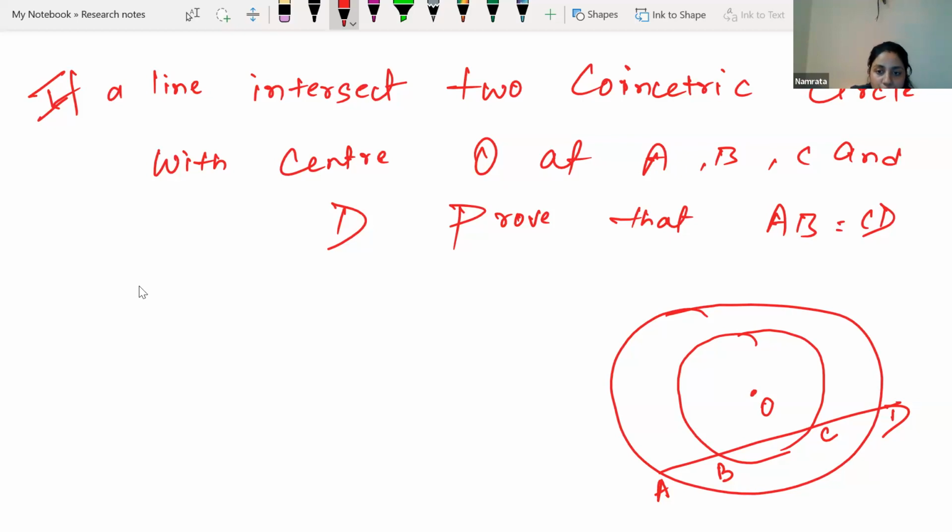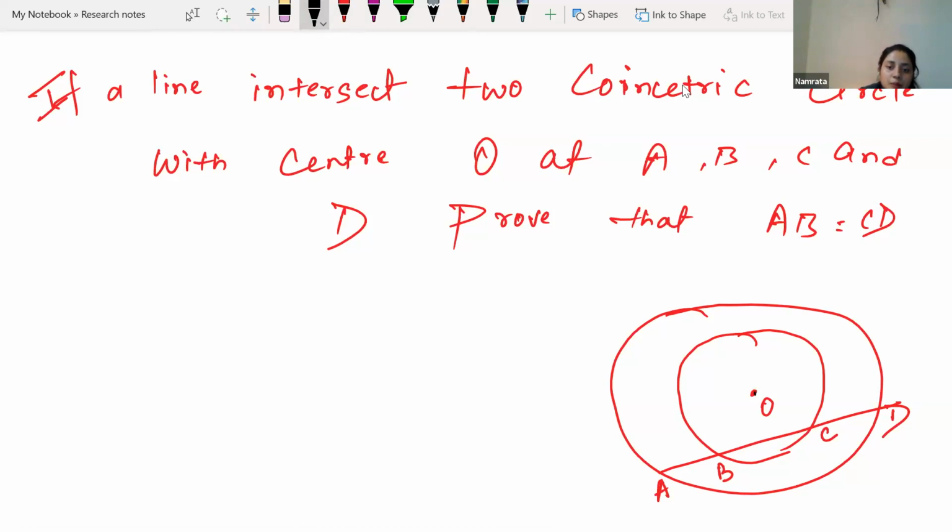Anyone? How can we do so? Anyone from here? Now, we have only just discussed one theorem. Can we use that theorem over here?